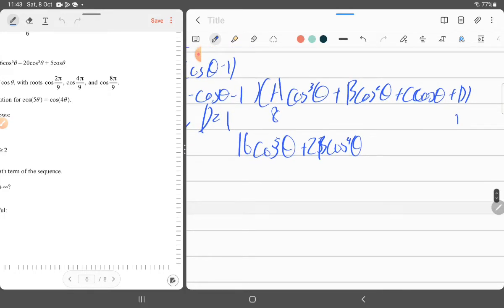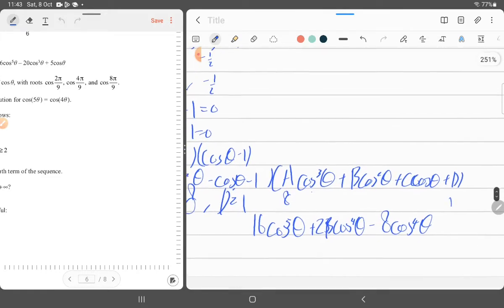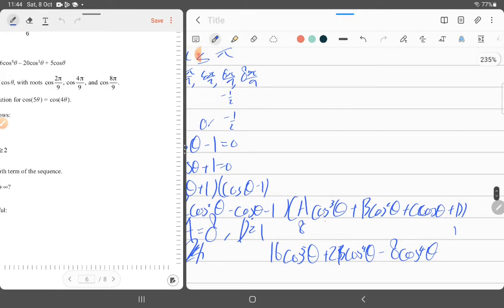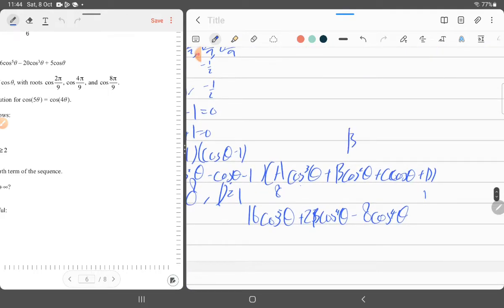Then here and here, okay. When this by this creates this minus 8 cosine to the power 4 theta, and no other multiplications can create cosine to the power 4 theta. And we want cosine to the power 4 theta's coefficient to be negative 8, so b equals 0.